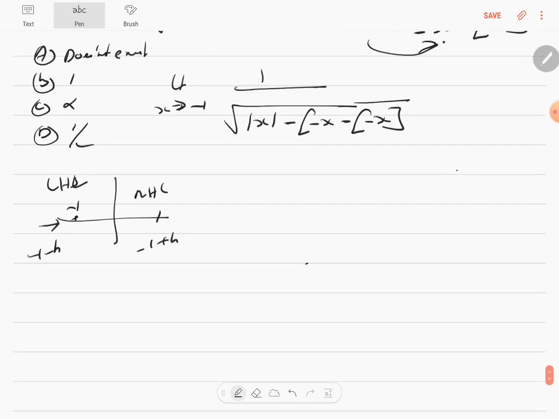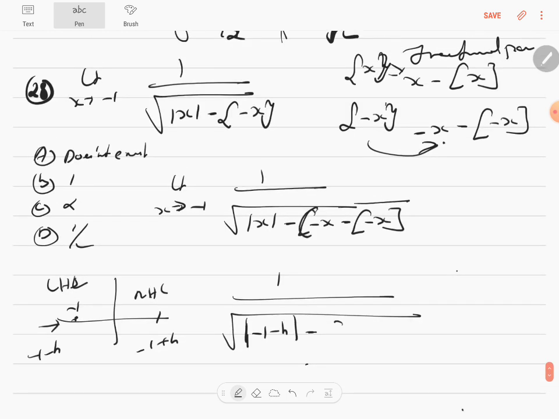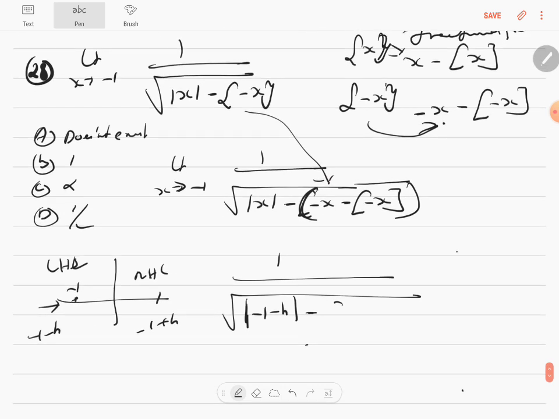When you do the left hand limit, it's 1 by root of mod of minus 1 minus h minus, this is an ordinary function here, because we converted that fractional part into x minus greatest integer function already. So just an ordinary bracket minus, we should write minus 1 minus h, minus greatest integer function of minus 1 minus h.